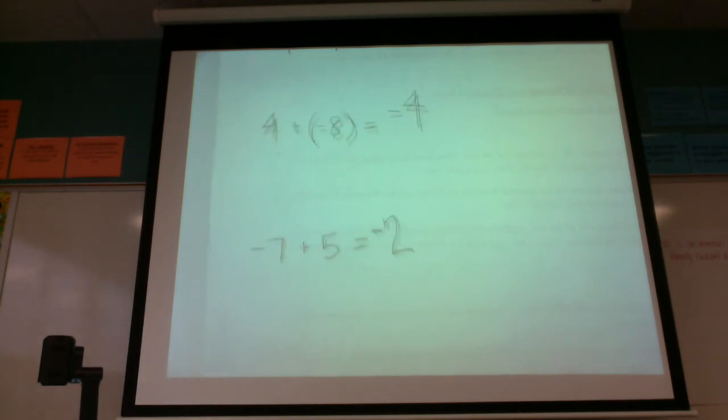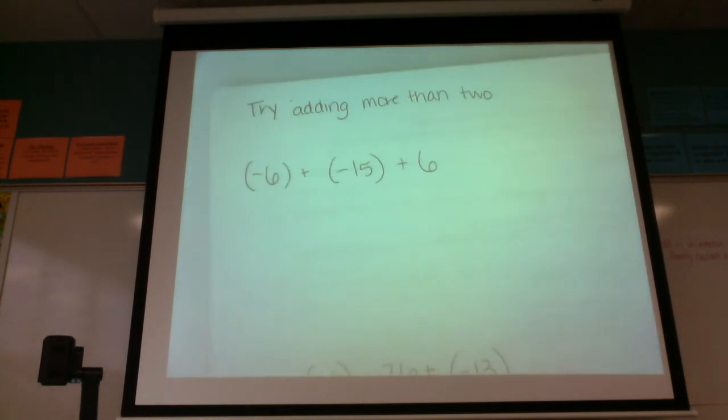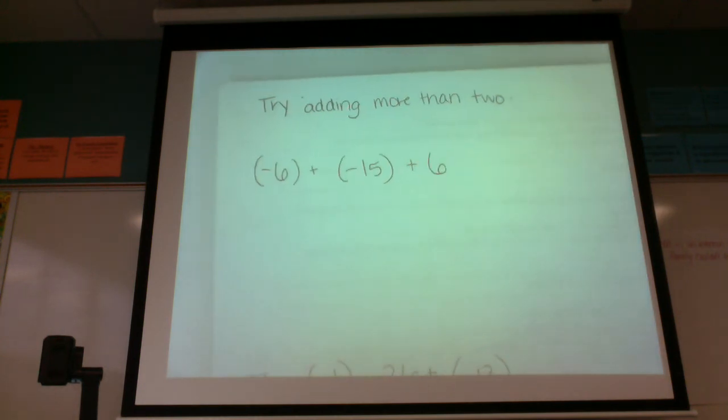Now there's one more type of adding. And that's when you are adding more than 2 integers together. So for this first one, we have negative 6 plus negative 15 plus 6. If we're following order of operations, it's all adding, so I'm just going to work left to right. Negative 6 plus negative 15, we already talked about that.